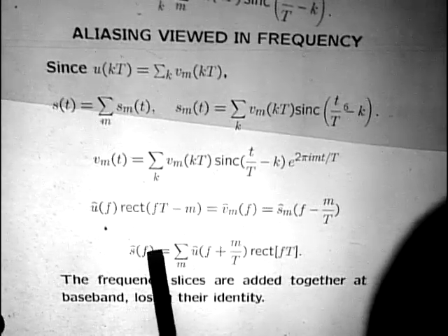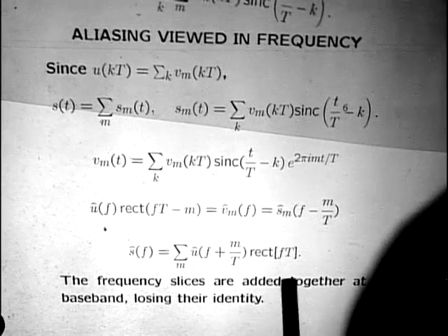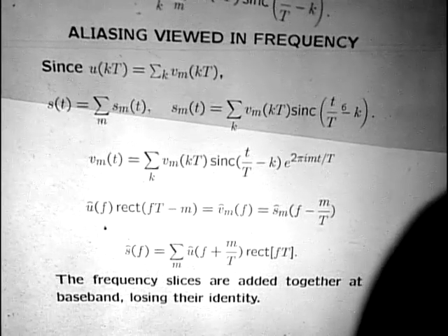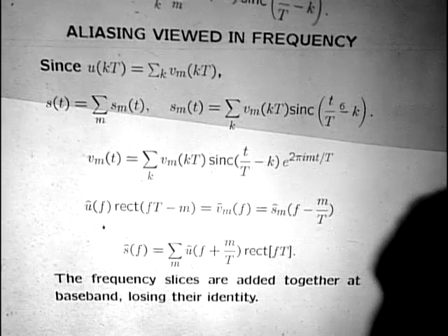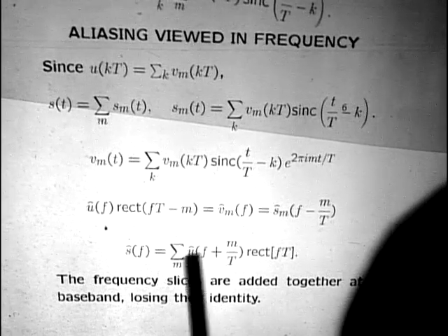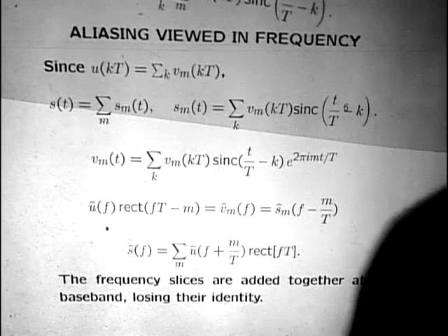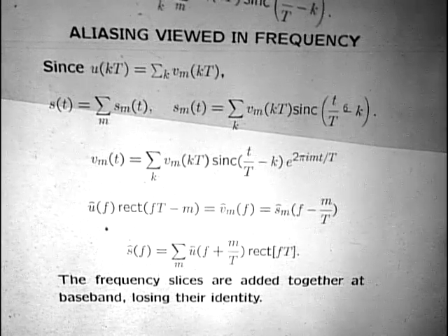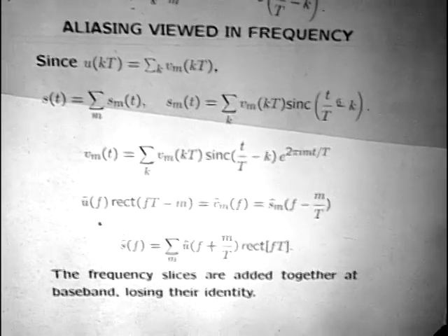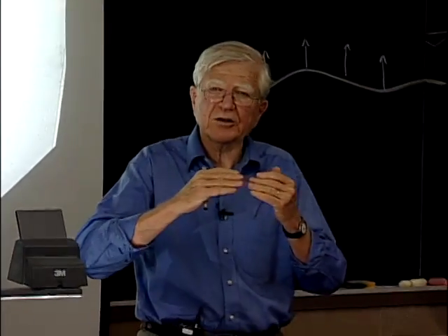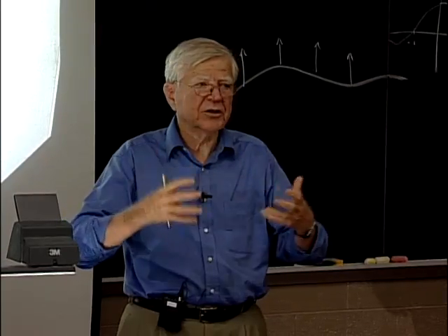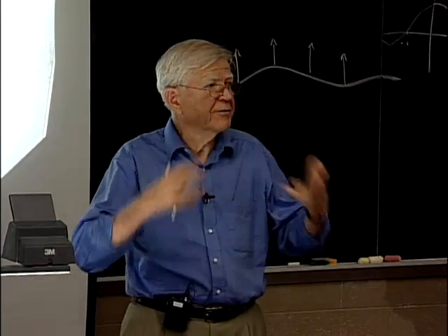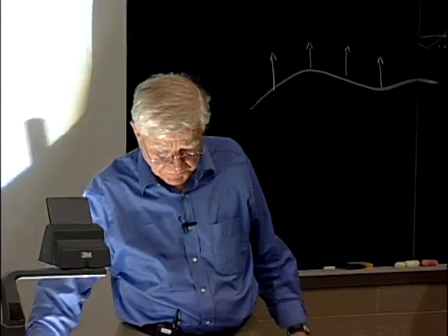Okay, so s hat of f is in fact frequency limited to minus W to plus W, and it has all of these different terms contributing to it. It's just looking at aliasing in frequency instead of aliasing in time. In both cases, it's the same thing. In one case, all of the samples get mixed together. In the other case, all of the frequency bands get mixed together.